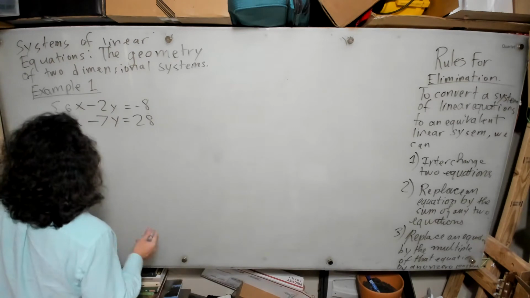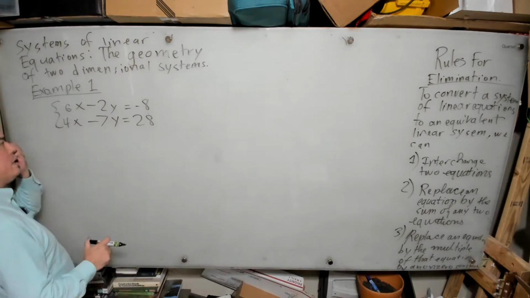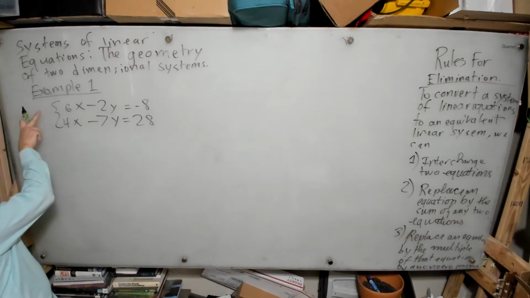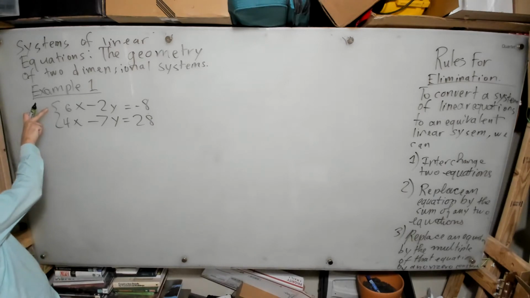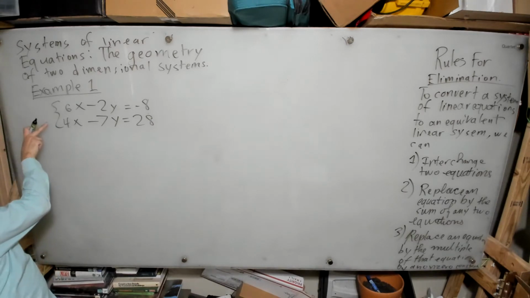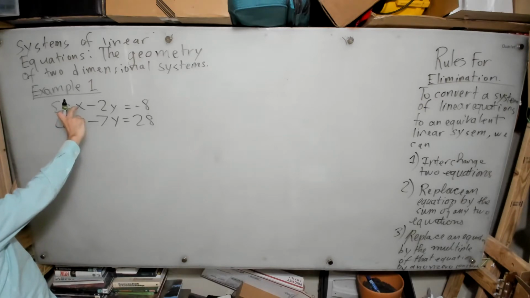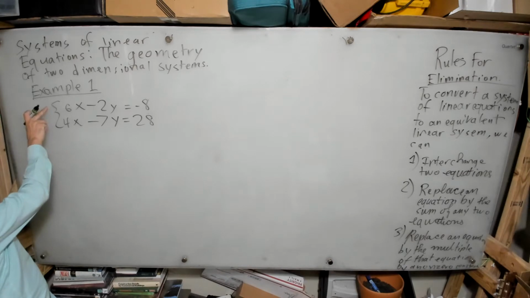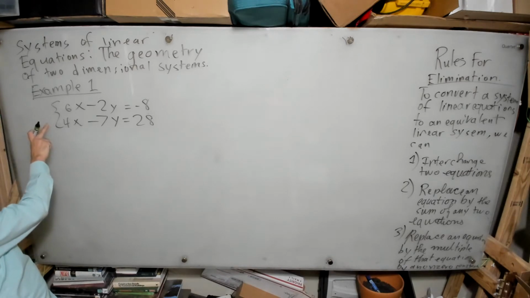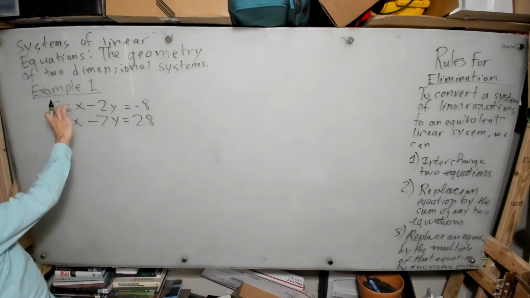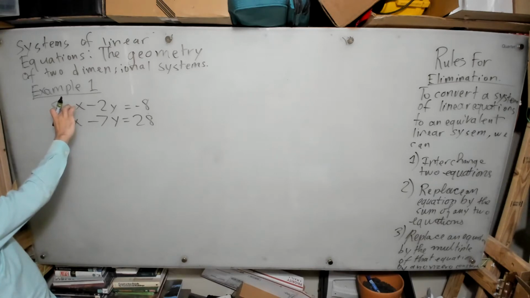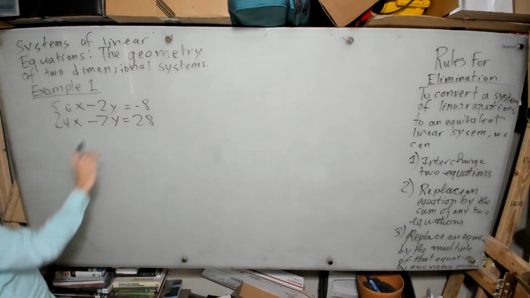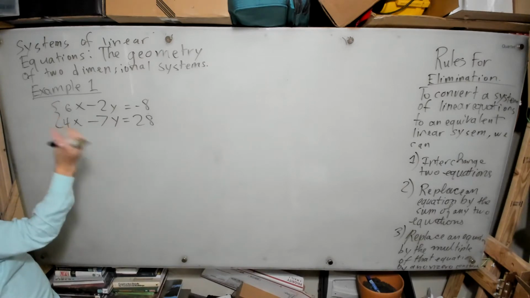So now, in this case, I can divide this one by 3 and this one by 2 so that I can match up the x. In fact, I can multiply this one by 1/3 and this one by -1/2, so it would be positive 2 and -2. Then I can replace one of them by the sum so that the x term goes away.